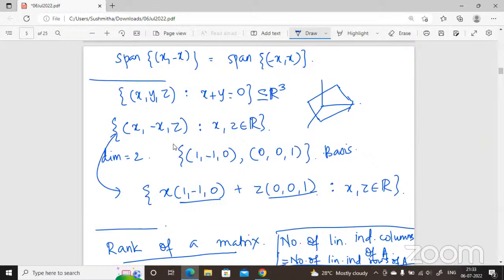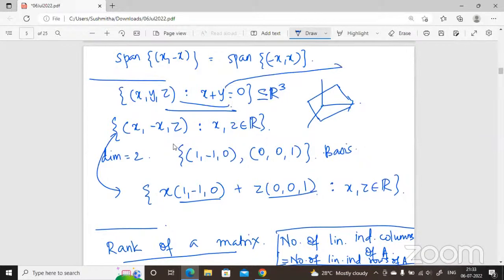See, even this subspace can be thought of as a null space, right? Can we tell the null space by just looking at the RREF? One second, I just write this down. So this is the matrix A, and this subspace is nothing but the null space of this matrix, right?